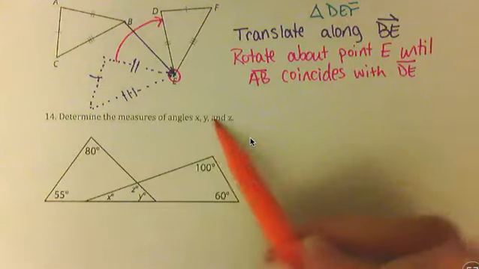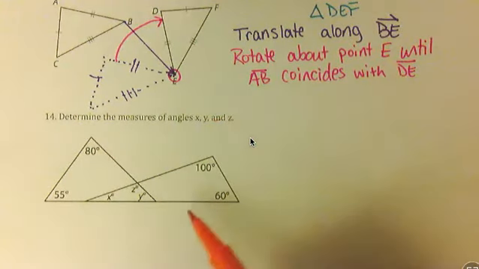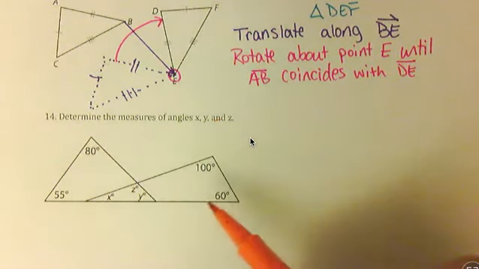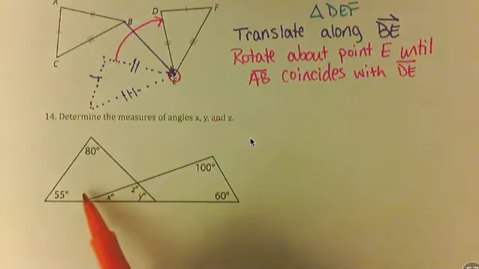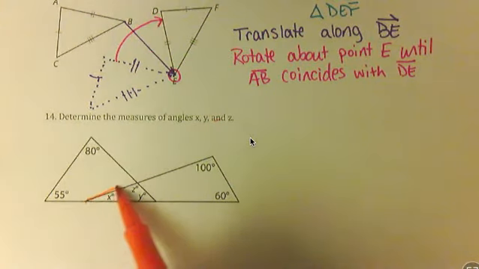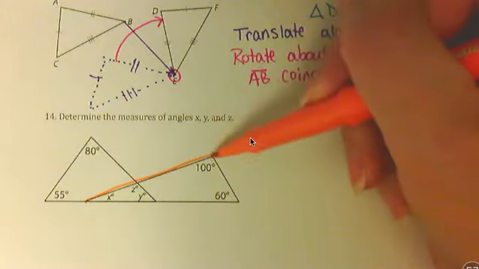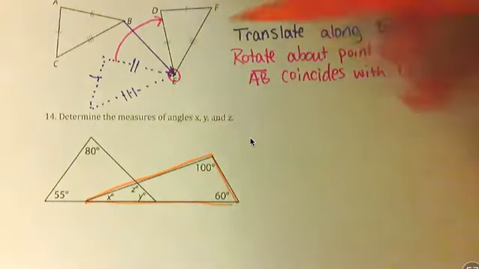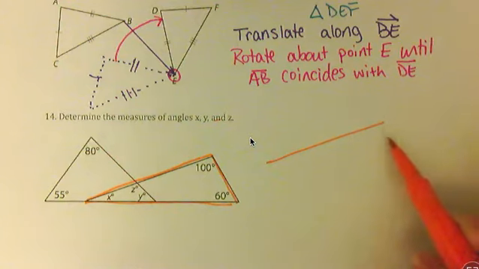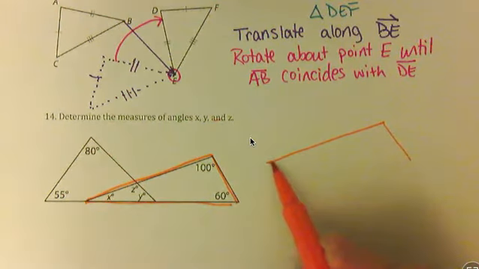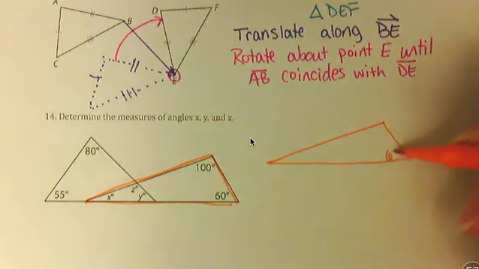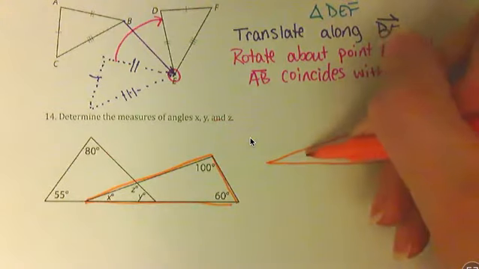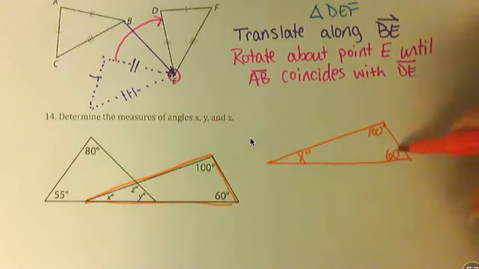So this wants you to find X, Y, and Z. If you can't see this as 2 big triangles and 1 small triangle, then this problem is going to be really difficult for you. So the first triangle that you can look at is this one that I'm drawing in orange. And I'll roughly sketch it out here to the side, where you would have 60 degrees, 100 degrees, and x degrees.